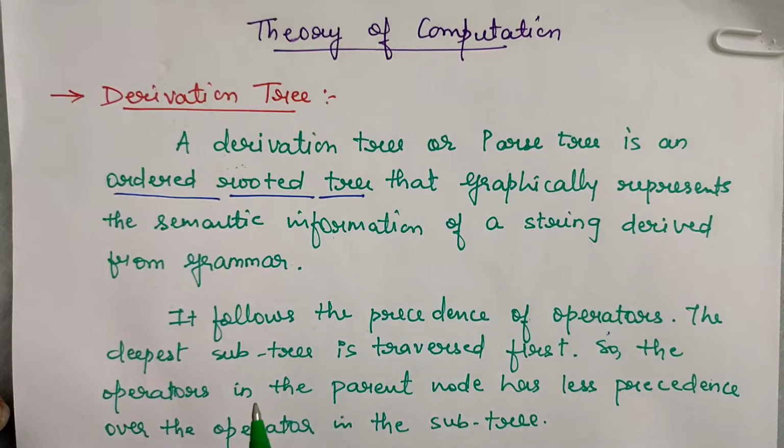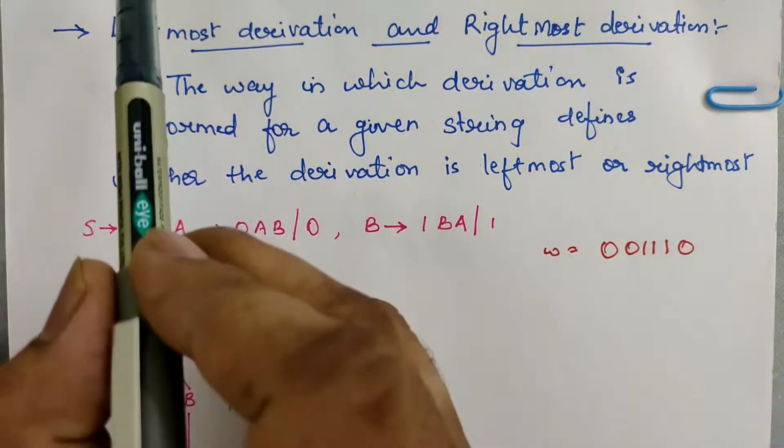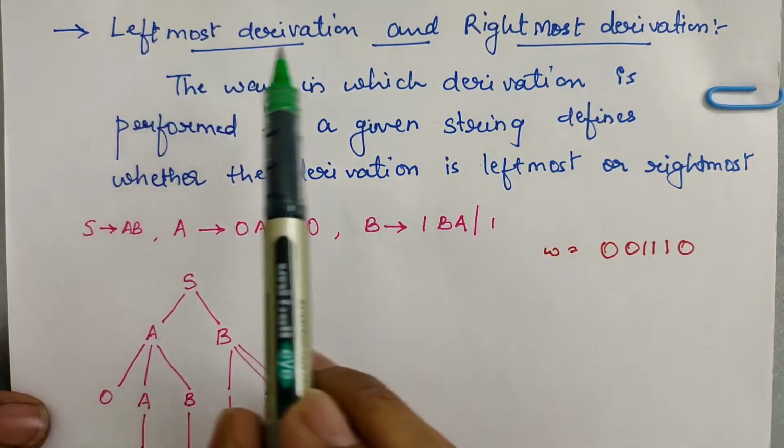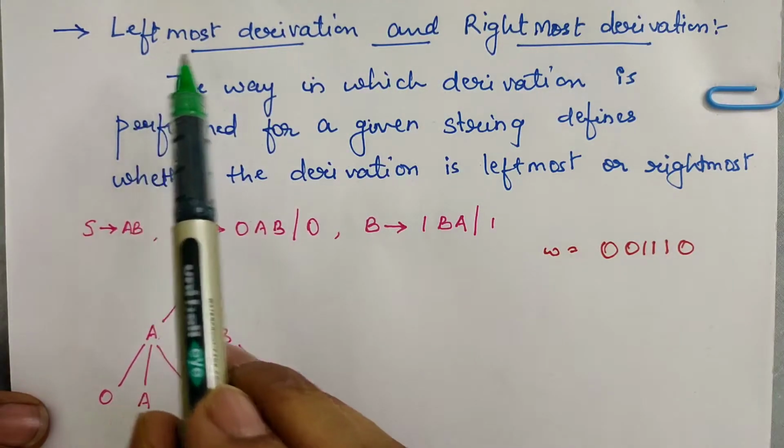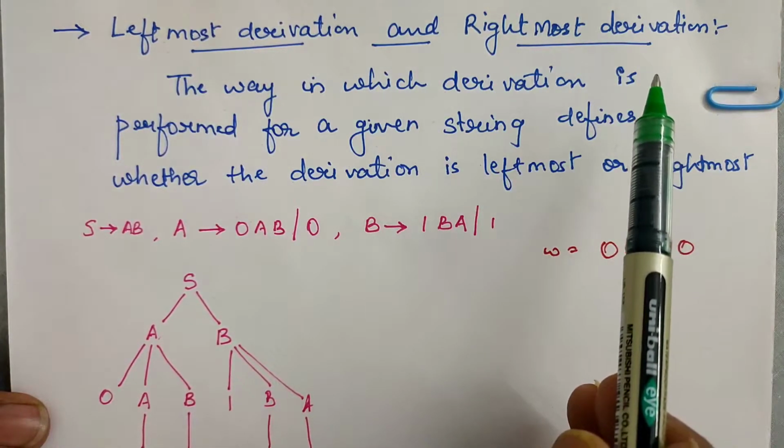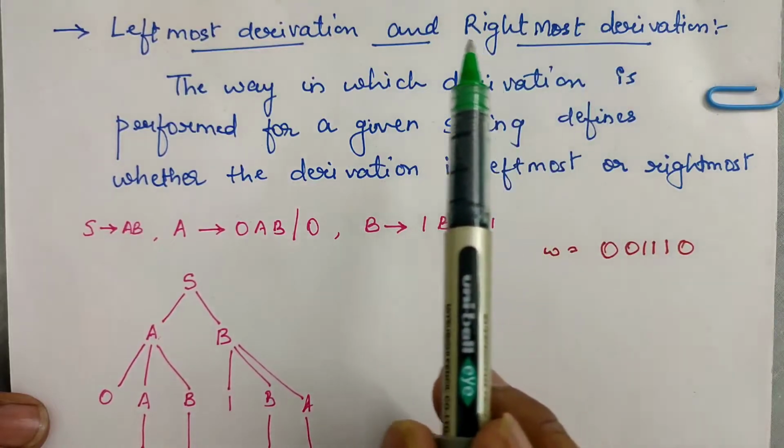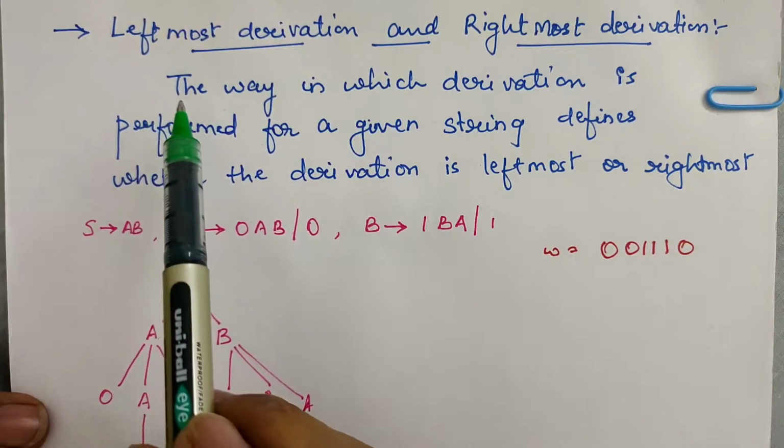Let us see the types of derivation tree. Basically, there are two types of derivation tree: leftmost derivation tree and rightmost derivation tree. Now, what are these derivation trees?